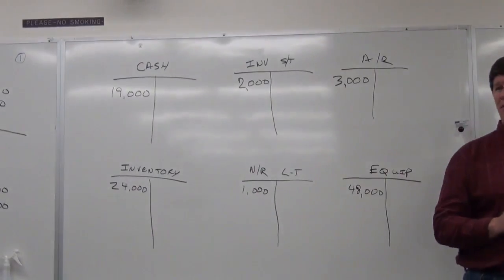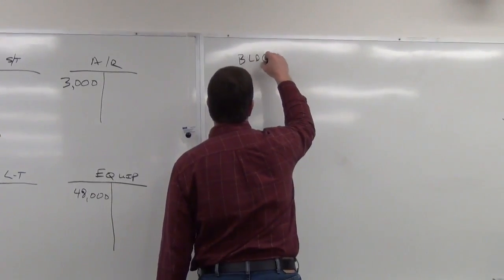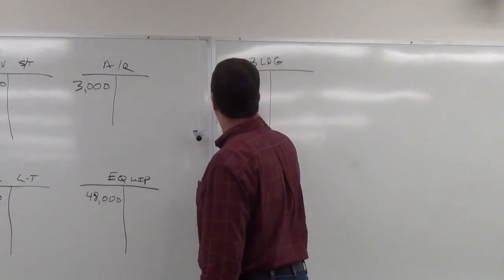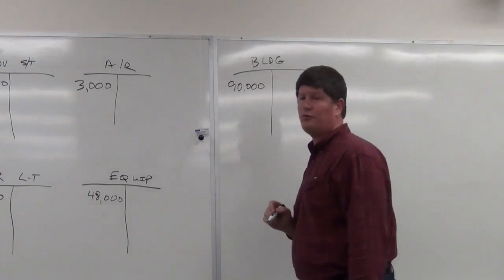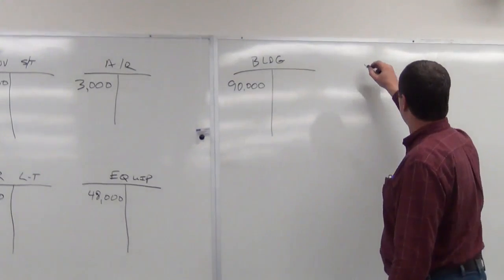Next. Factory building. Building. Balance, 90,000. $90,000 worth of building? That's what we paid for it, at least. Next. Intangibles.